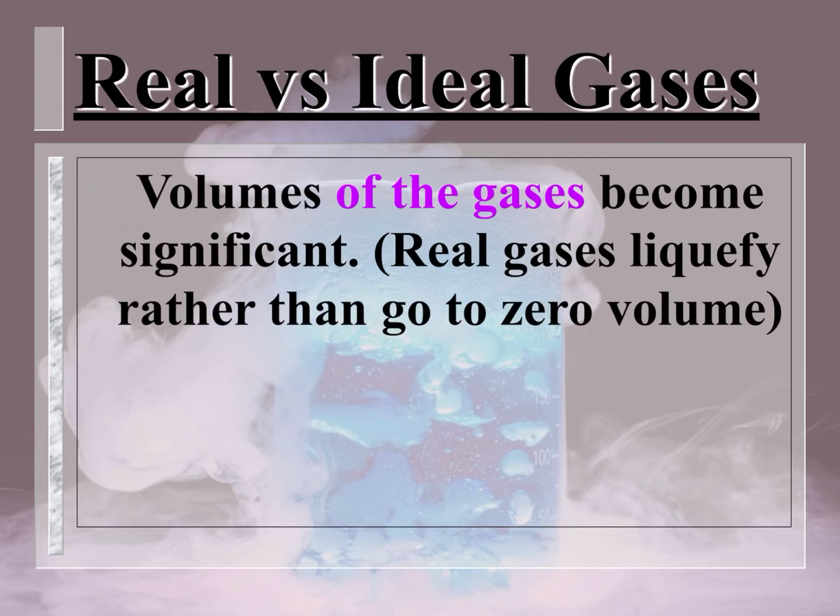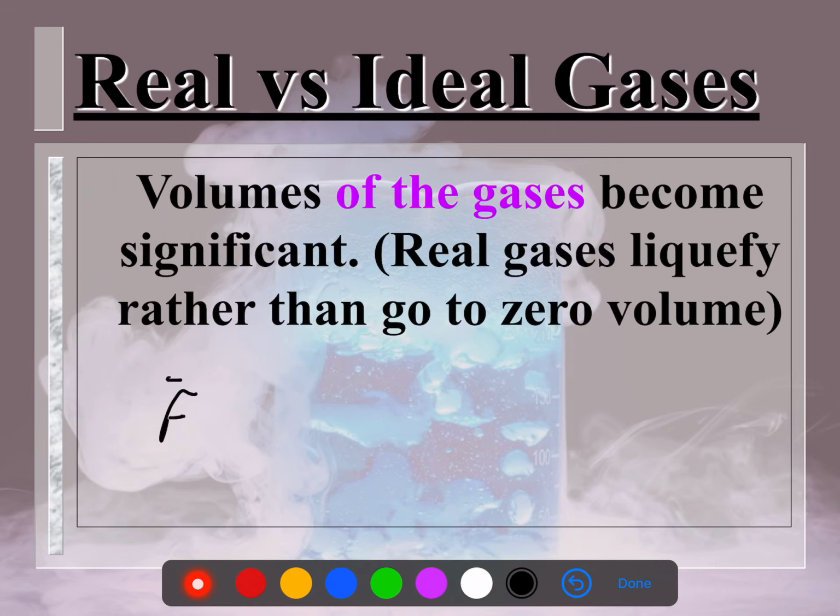Again, the explanation in the book is that the volumes of the gases become significant, but the physics is that if you reduce the distance between them, according to Coulomb's law, we have force of attraction is equal to some sort of proportionality constant, and then we have the charges Q1, Q2 over d squared. That's one version, the second derivative of Coulomb's law.